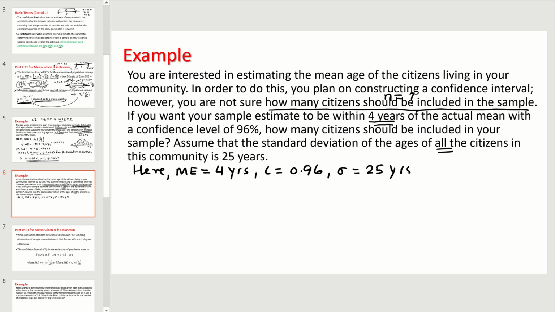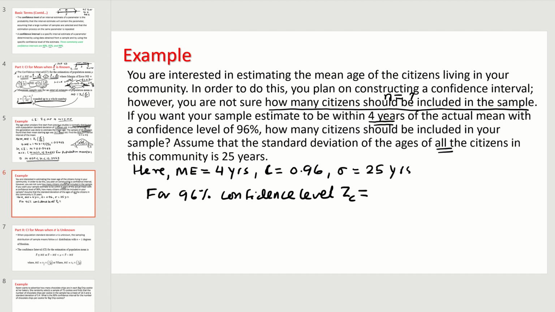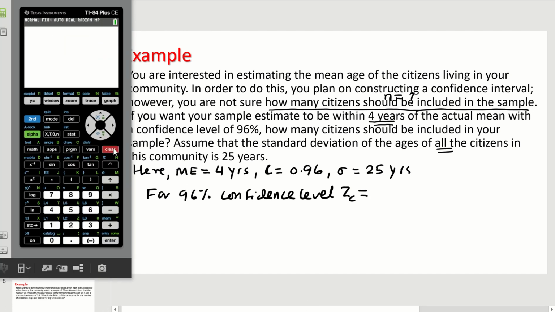Now I have the confidence level c, but we need to find the z value for that confidence level. So for a 96% confidence level, z sub c is equal to, we can find this using our calculator again. What you do is you go to second, vars, number 3.